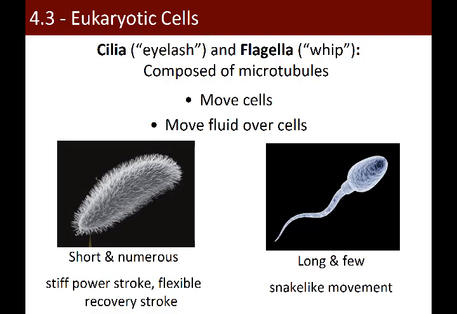So cilia, that word and its root means eyelash, and flagella means whip. Okay, and so if you look over here, the cilia look like little eyelashes, and the flagella is like a long, narrow whip. Okay, both of them can be used to move entire cells or to move fluid over the surface of a cell.